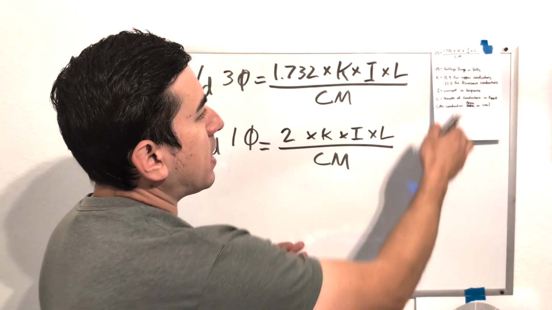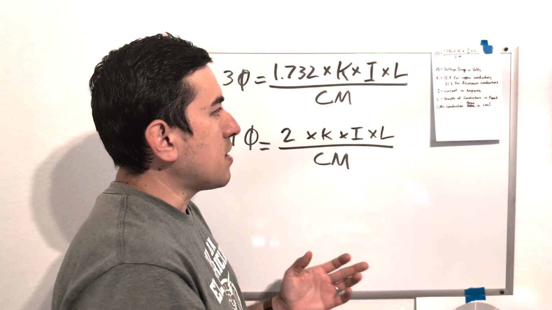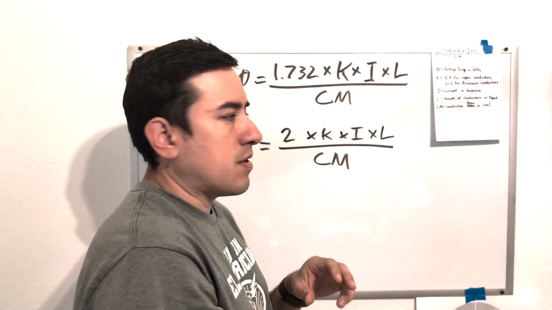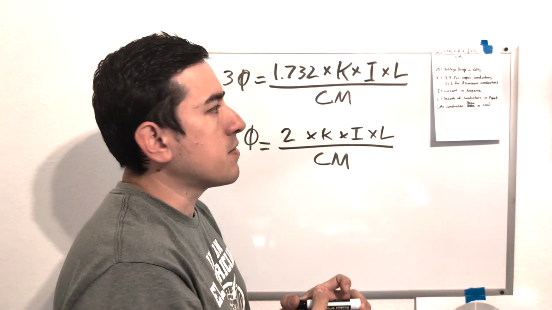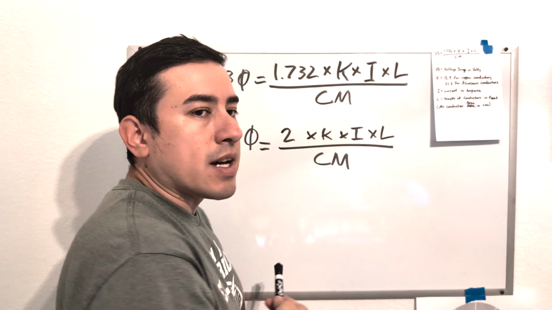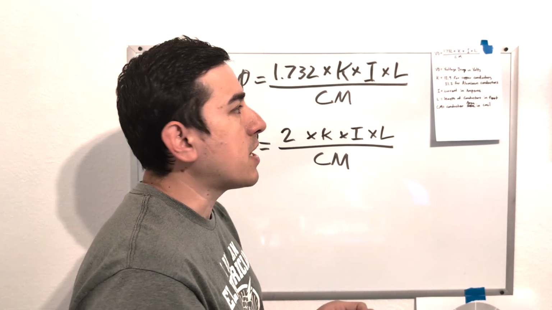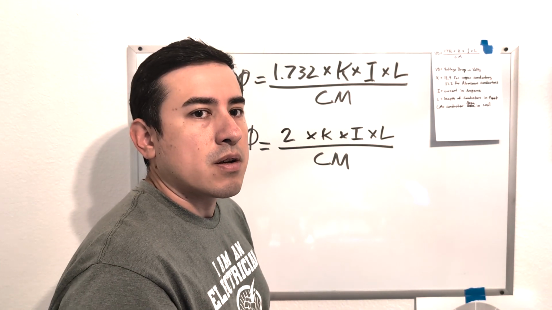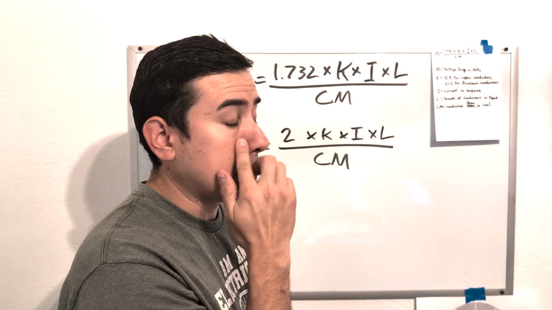And so I do have it written down up here as well. Voltage drop is going to give you your voltage drop in volts. This whole formula, your end result, is going to be in volts. K, again, is that K constant that we saw in Chapter 9, Table 8. It's going to be 12.9 for copper conductors, whether or not you use the chart, or the table, excuse me.